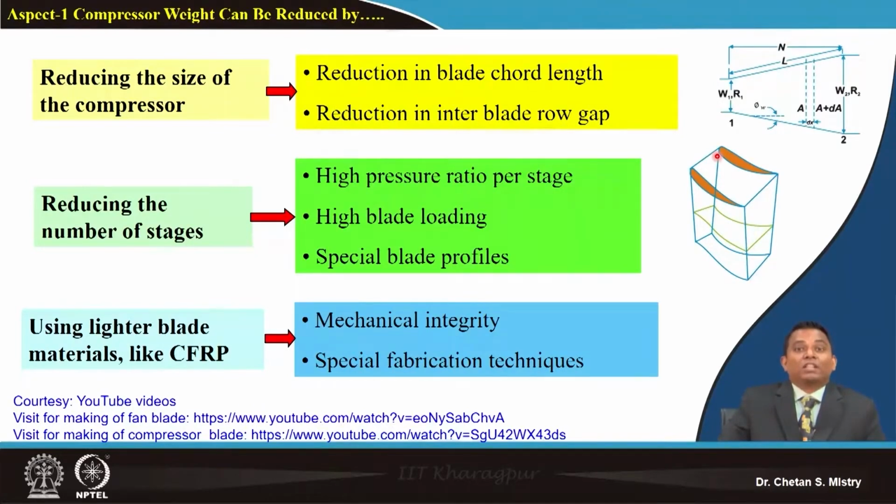So under that condition, if I reduce my chord, the alternative is to increase the number of blades in order to achieve the same diffusion. If that is the case, then reducing the size of the compressor may be fulfilled, but at the same time it contradicts by increasing the weight of the engine, because my number of blades will be increasing.